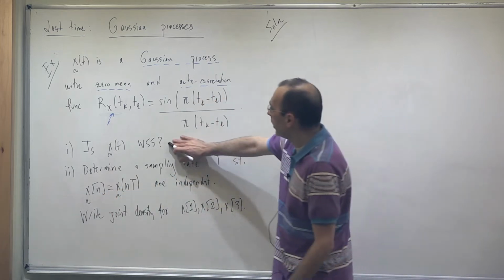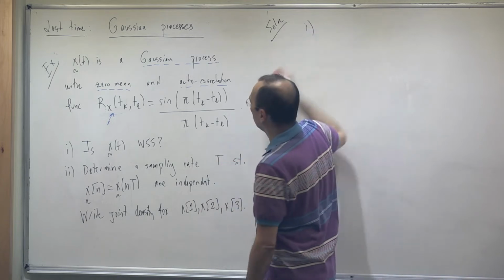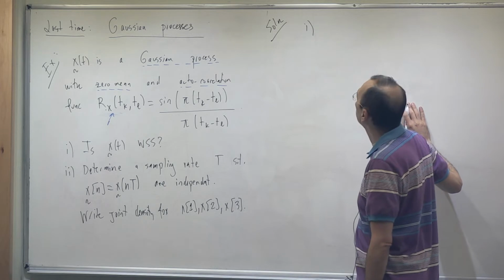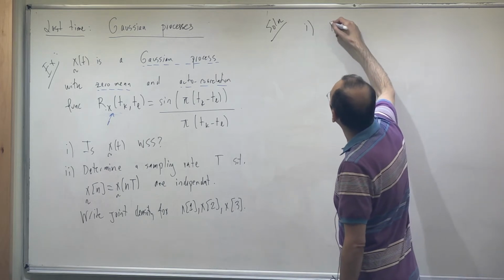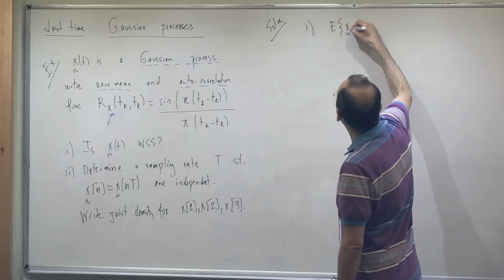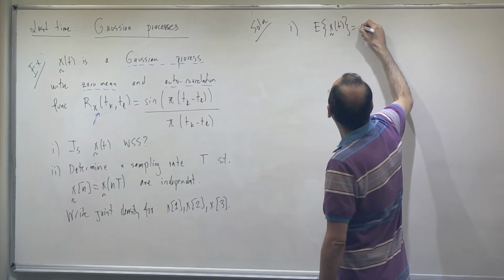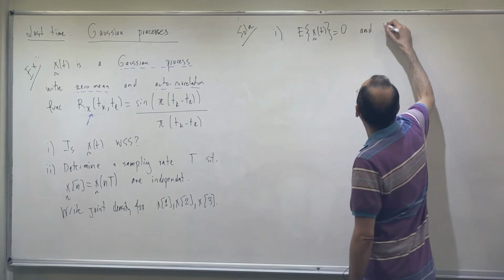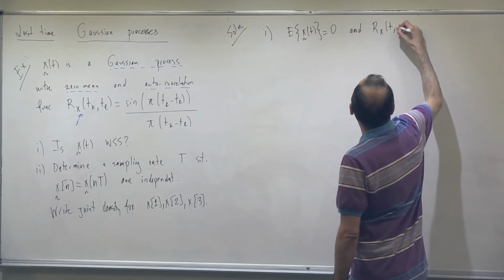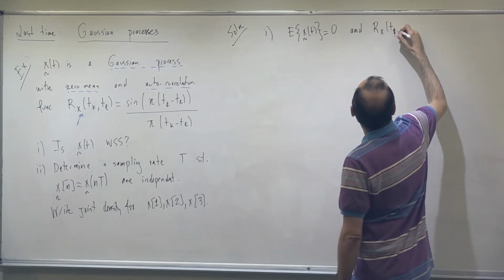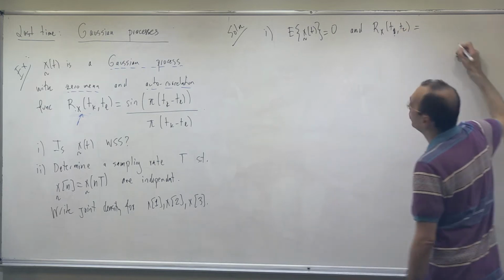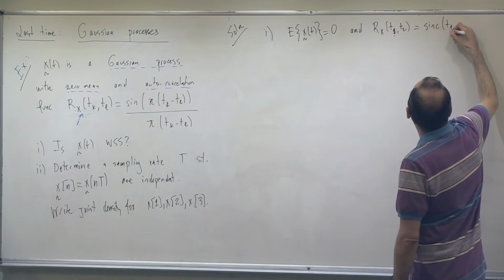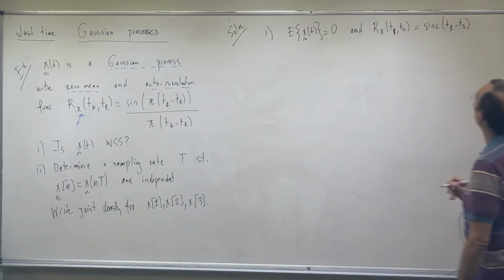But the question, part number one, is about the random process x of t. Is x of t white and stationary? Well, let me do this. Expected value of x of t is given as 0, zero mean, and Rx, let's say t1 comma t2, is equal to, let me write this, sinc of t1 minus t2.